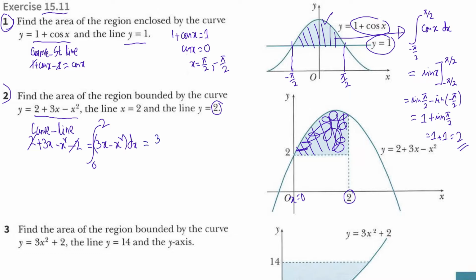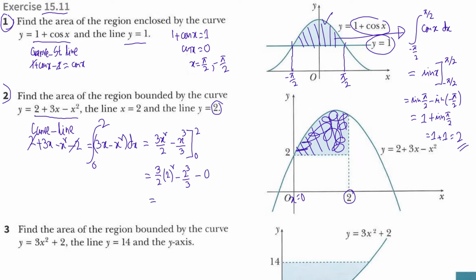So you can write it 3x squared by 2, then minus x cubed by 3. That is our equation, and we're going to put our limit, which is 2 and 0. So let us calculate 3 by 2 into 2 squared minus 2 to the power 3 by 3, and if we put 0, then the whole expression becomes 0.